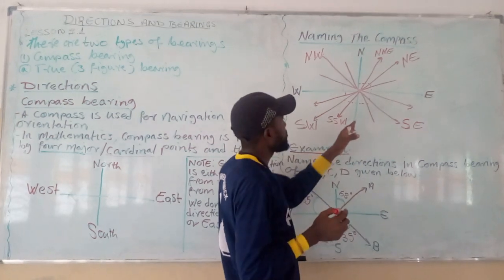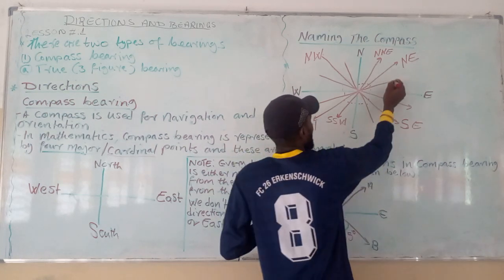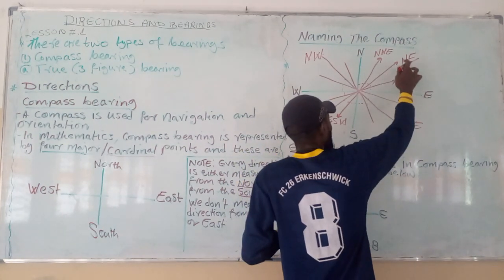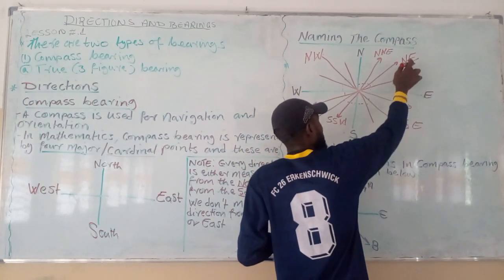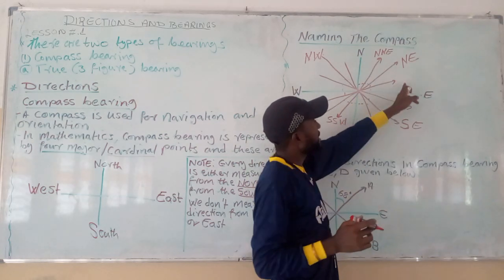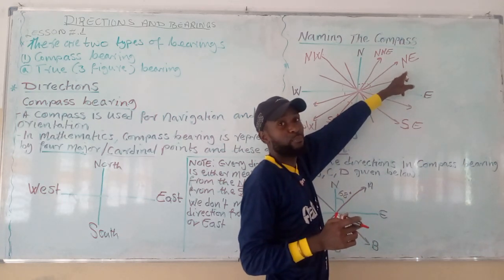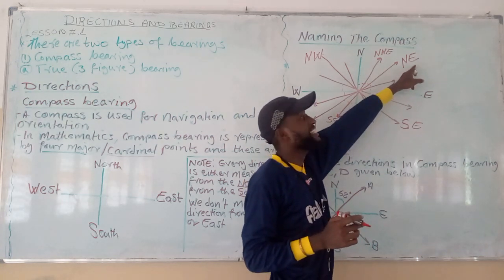Now let us come to the other direction, which is of course this direction. Let us name this direction. Where we are, we have northeast and east there. So I cannot say northeast on this part. I'll start from this direction point, which is here. So this is northeast.